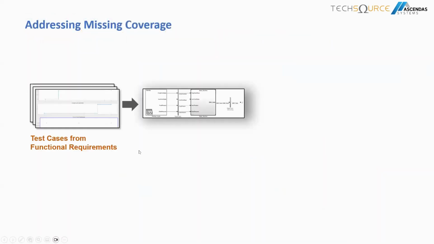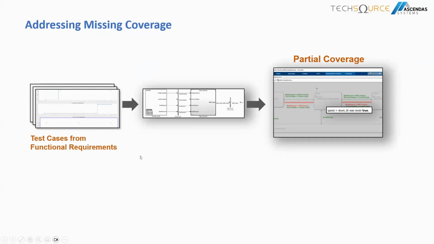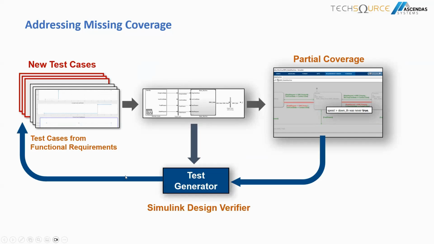We know from many customers that you define tests and then measure the coverage. It is challenging to reach 100% coverage, and frequently the last few percent take most of the effort. With Simulink Design Verifier, you have a test generator that helps you develop the additional tests to complete your coverage.